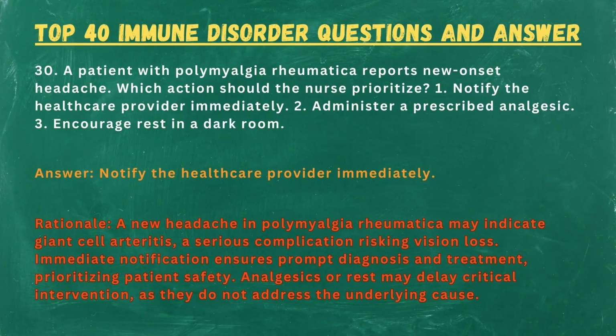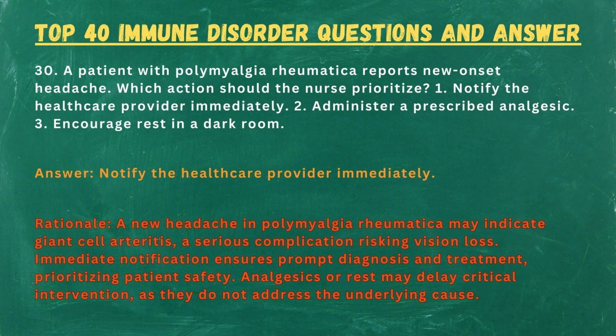30. A patient with polymyalgia rheumatica reports new onset headache. Which action should the nurse prioritize? 1. Notify the healthcare provider immediately. 2. Administer a prescribed analgesic. 3. Encourage rest in a dark room. Answer: notify the healthcare provider immediately.